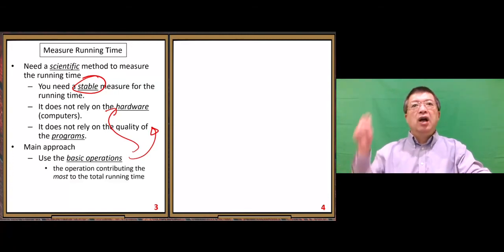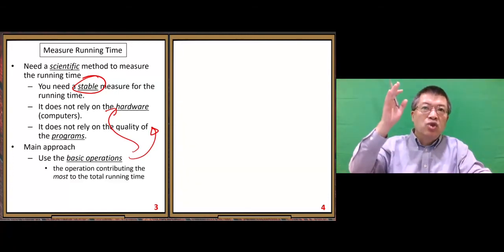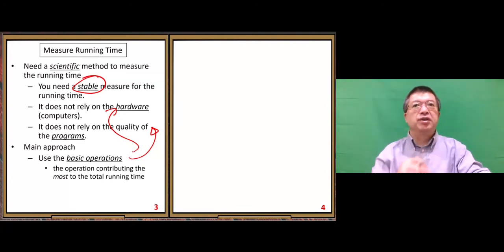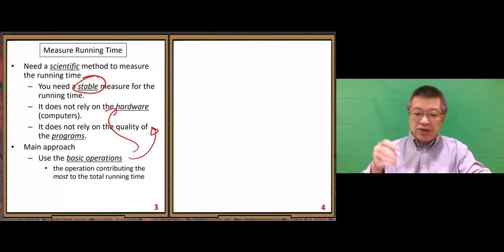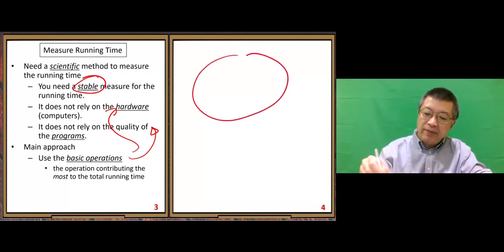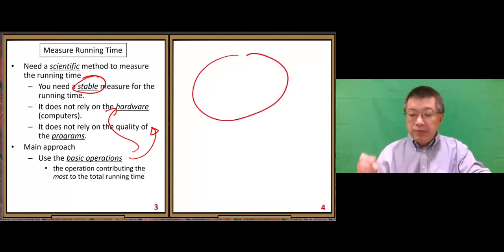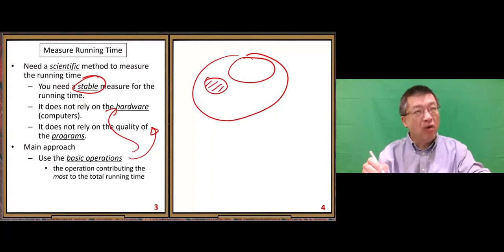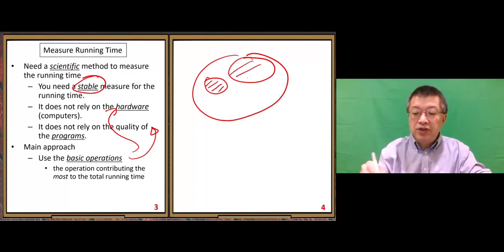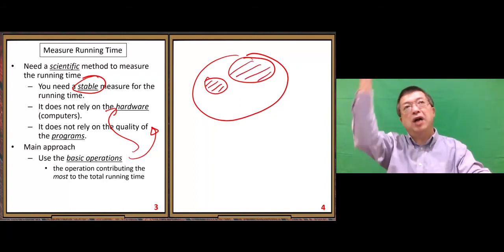The operation contributing the most to the total running time. Because when you look at the total running time, you have several operations; some operations contribute relatively small, and some operations contribute a lot.